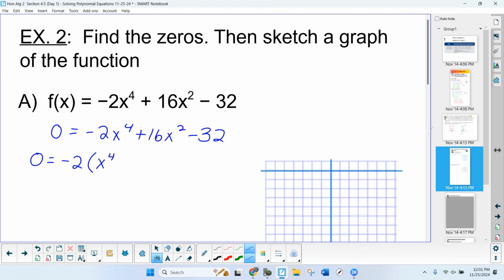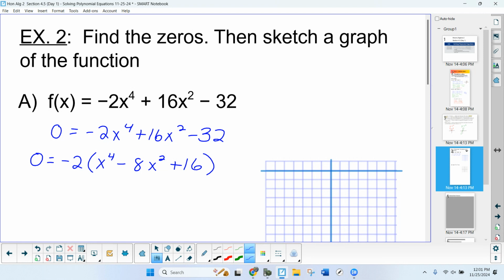What would I have left here? Minus 16x squared, and then what here? I'm sorry. Yes, minus 8x squared, and then what? Plus 16. I'm so focused on the sign, I forgot to take out the 2. Okay, so now redistribute, make sure that works. -2x to the 4th plus 16x squared, and then minus 32.